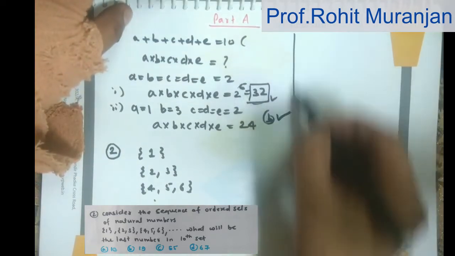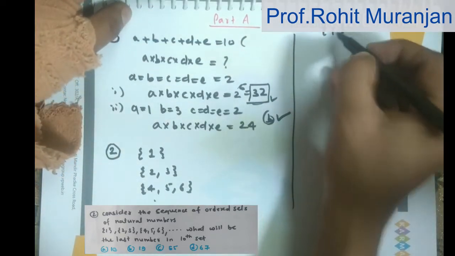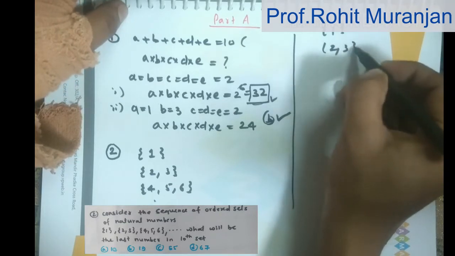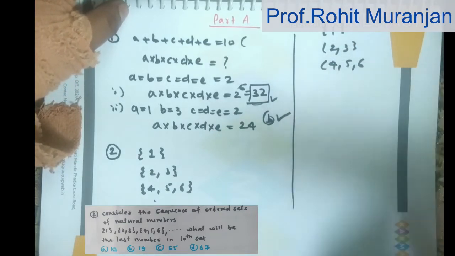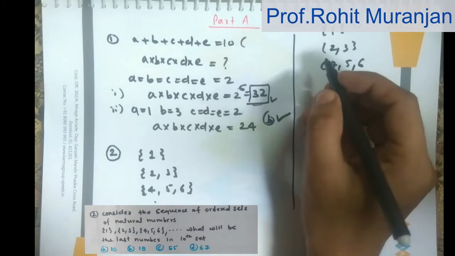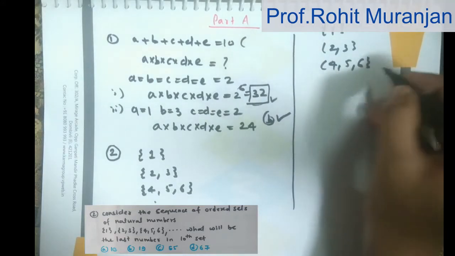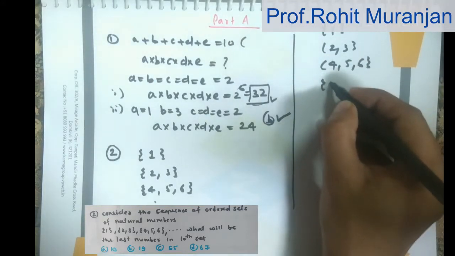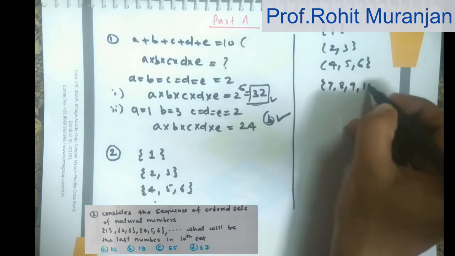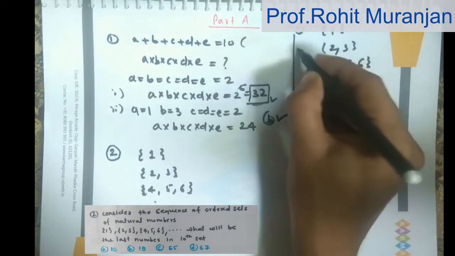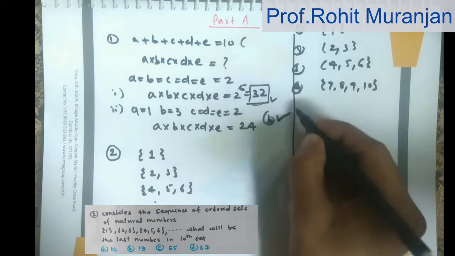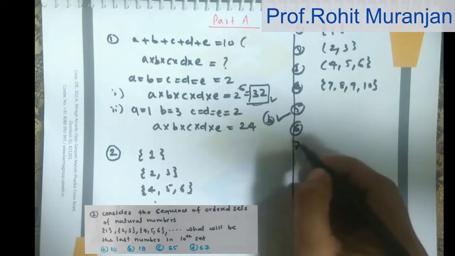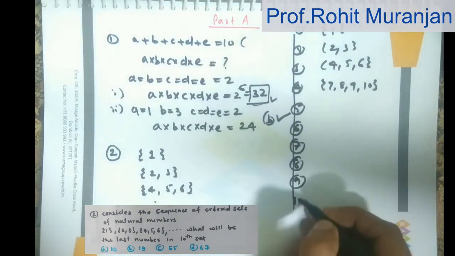Let me write here. This is my first set, this is my second set, this is my third set. What can be the fourth set? 7, 8, 9 and 10. If I name these as the first set, second set, third set, fourth, fifth, and so on, they are asking about this set.